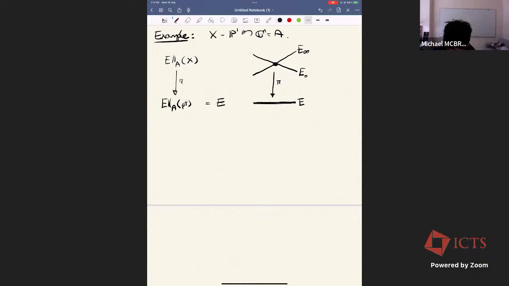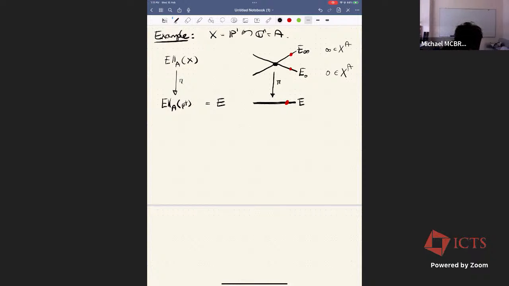Okay, so here we have the two copies of our elliptic curve corresponding to the two fixed points, infinity and 0. And if we look at, let's say, the fiber over a generic point epsilon, we have two distinct points.